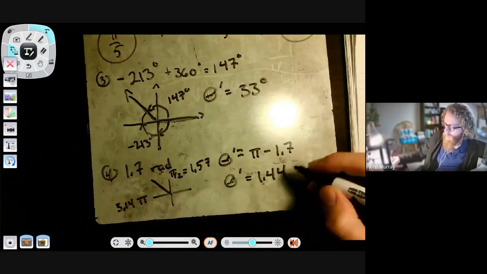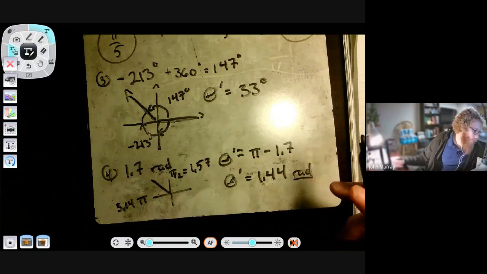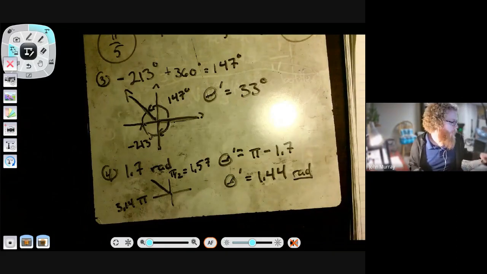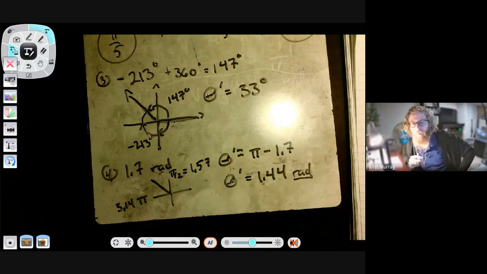I'll give it 2 decimal places. And I'm going to say radians at the end just to make sure we know it is not degrees.